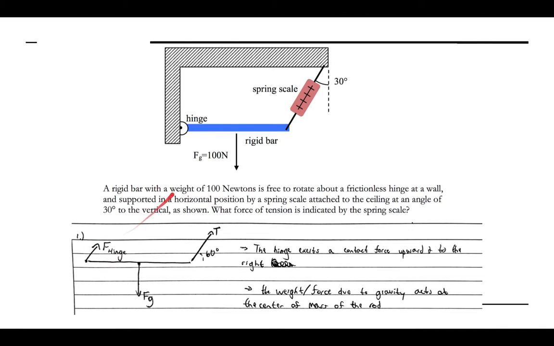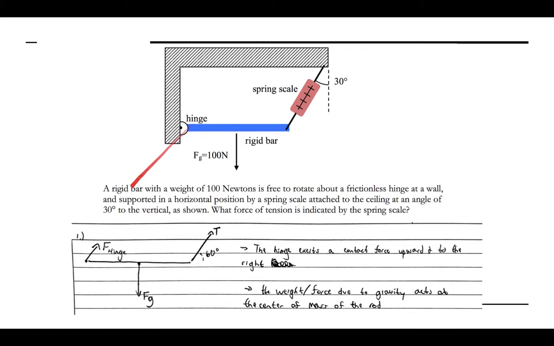But the reason why we have a force due to the hinge right here is because if this hinge was not applying a force, our bar would swing downwards like this. So the hinge applies a force in order to keep our bar from swinging downwards.